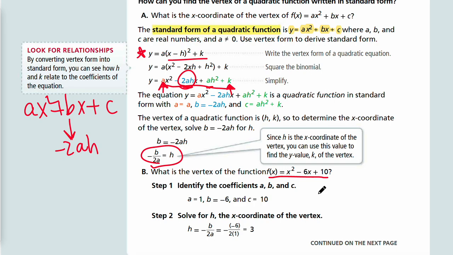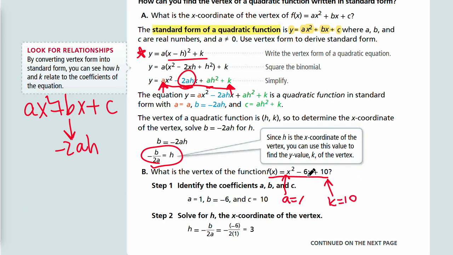We don't need to change that to vertex form, but we can figure it out with this equation, h equals negative b over 2a. Okay, so remember, a should be the coefficient of the x squared term. So a is 1, and then this should be k, because the constant term is k itself.